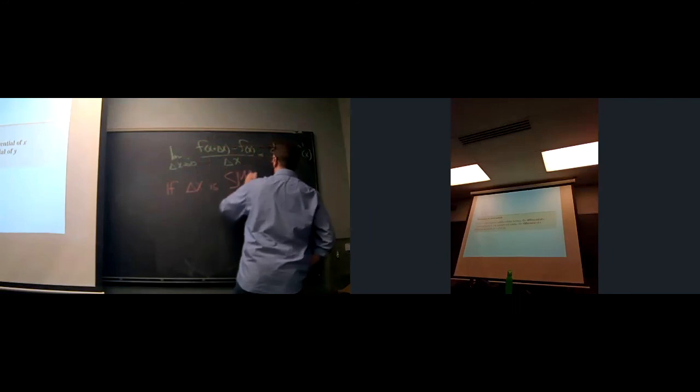So for really small delta x values then, if delta x is small, then f of x plus delta x minus f of x over delta x is approximately equal to dy dx or f prime of x.